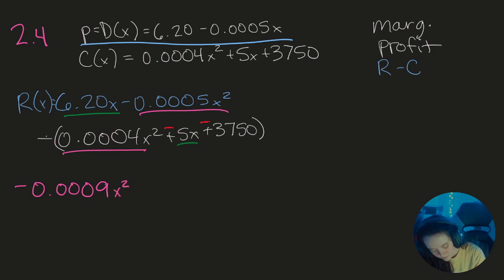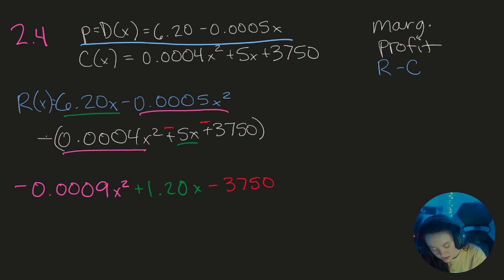Okay? And then 6.20 minus 5 is 1.2. So plus 1.2, and I'm going to leave it with the 0, x, minus 3,750.